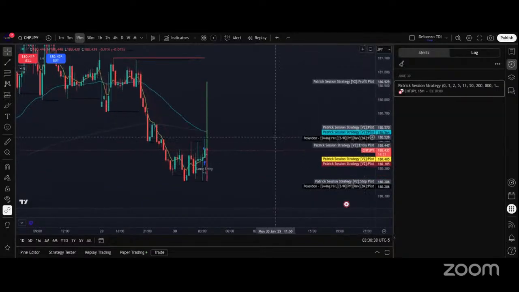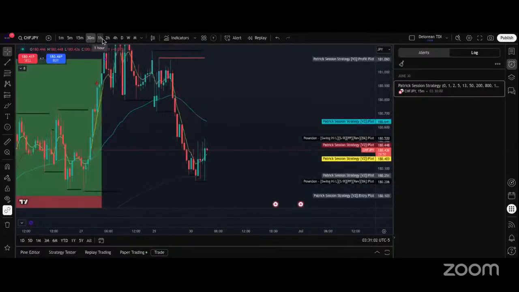So you see price below the 50 and the 200 EMA, which means that these are areas of resistance. Price would have to break through both of these to get to take profit, which is unlikely. What is more likely is that price will continue to decline. So as you go up on the time frame, that's what you would expect to see.